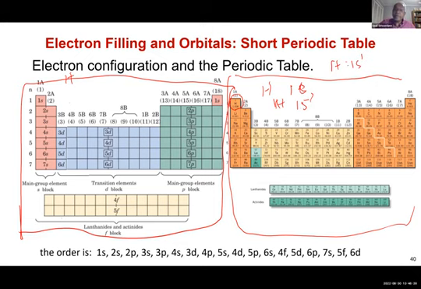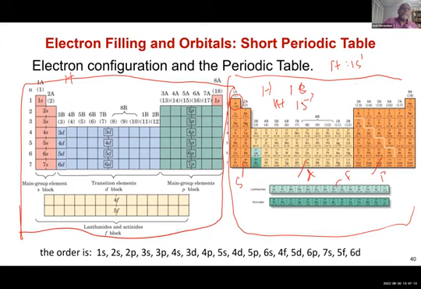I go to the periodic table. This orange area is the S shapes of atomic orbital. This is P shape here, this is D shape here, this is F shape here. Do you see that different areas have different shapes, and when an electron goes into one of these areas, it takes that shape? So do you see how I get hydrogen is 1s1?